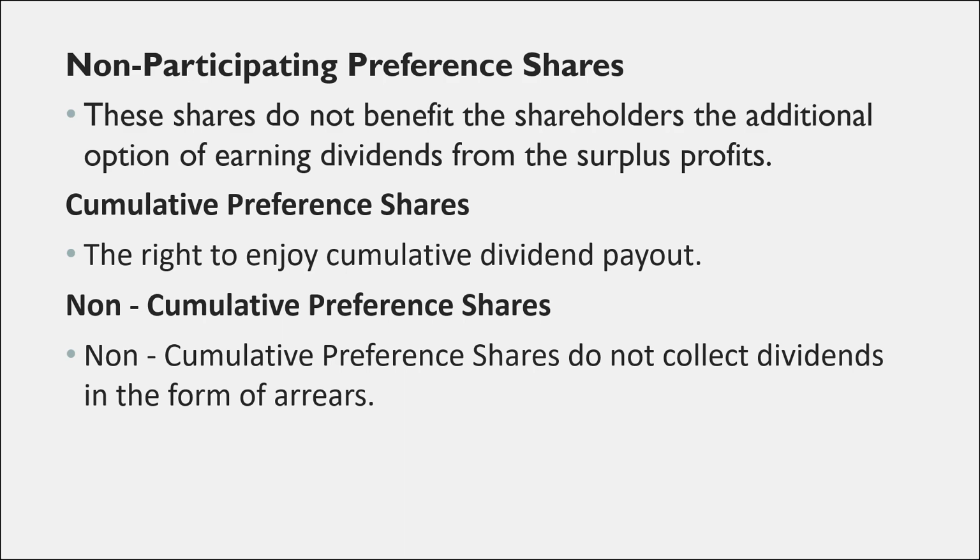In that case, that dividend can be transferred to the next year. When the company earns profit in the next year, at that time the company can repay the dividend to the cumulative preference shareholders.